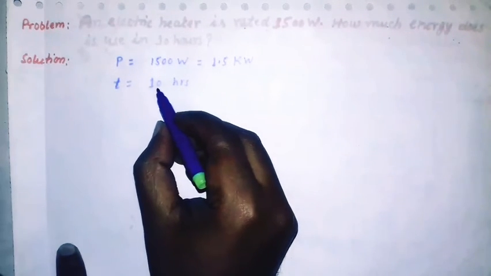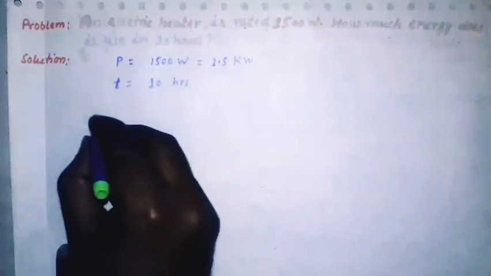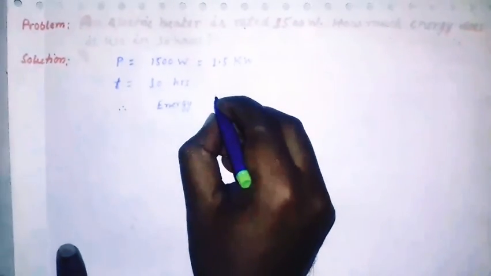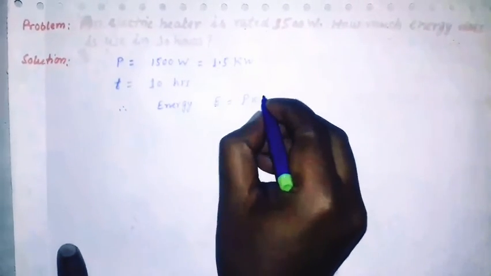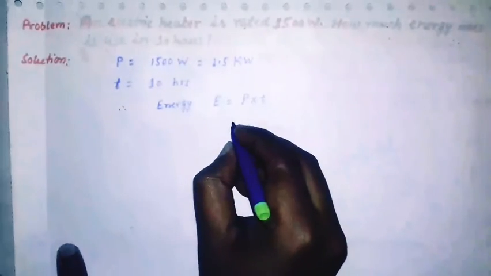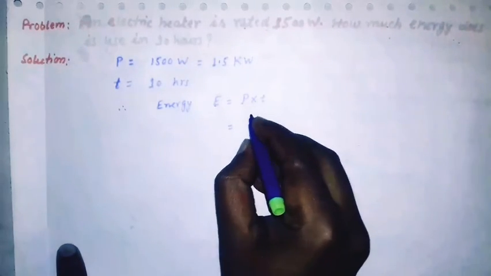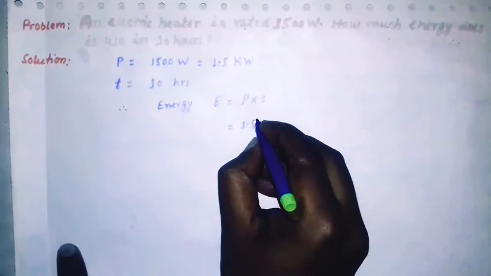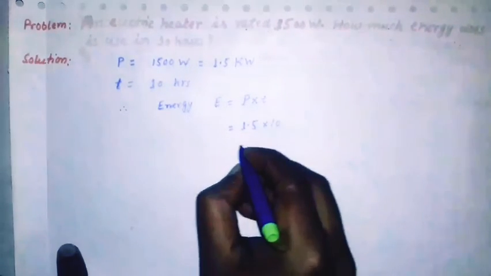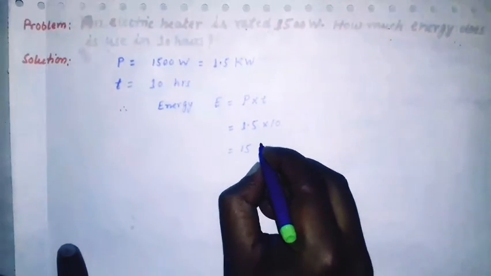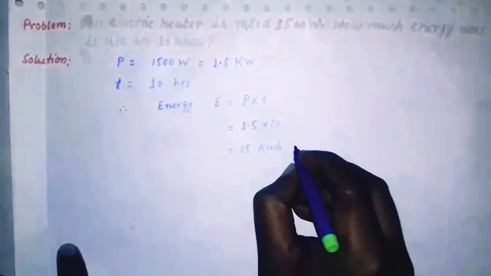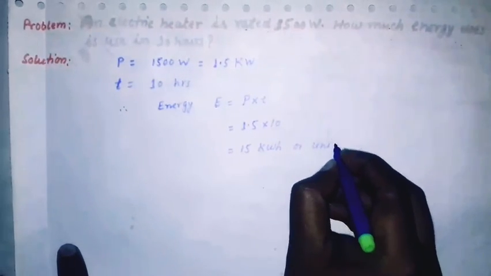So we don't need to convert this time into seconds. Therefore energy is given by power into time. The power is 1.5 and the time is 10. So this will be 15 kilowatt hour or units.